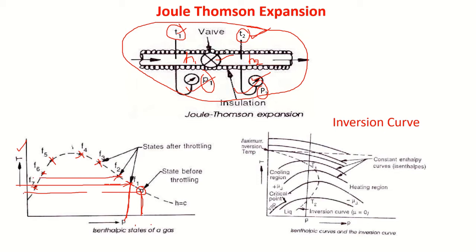Again, in the next step also, the exit temperature is higher than the inlet temperature. What's happening here? The gas is heating up here. The temperature of the gas at the exit is higher than the temperature of the gas at the inlet. For these pressure and temperature conditions, heating is actually happening. Then further it reaches a maximum value, maximum temperature.